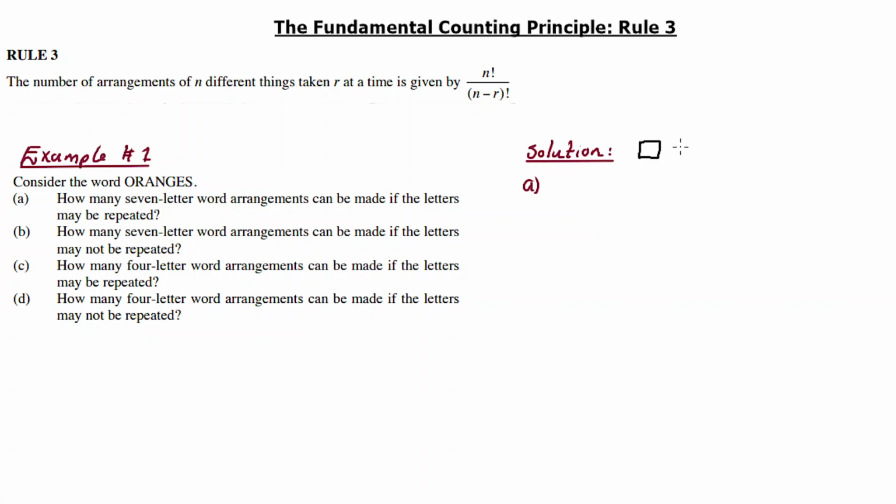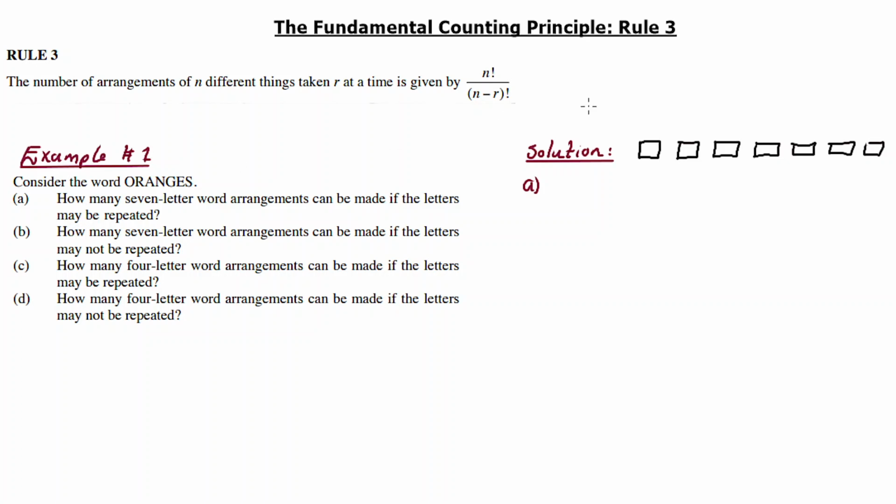Square 1, square 2, square 3, square 4, square 5, square 6, square 7. These squares can be filled by any letter from the word oranges to create another word arrangement, right?